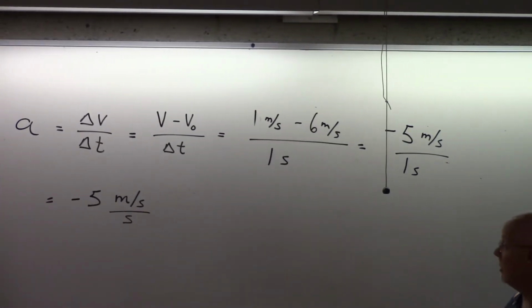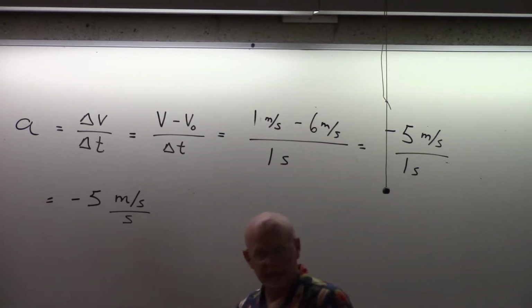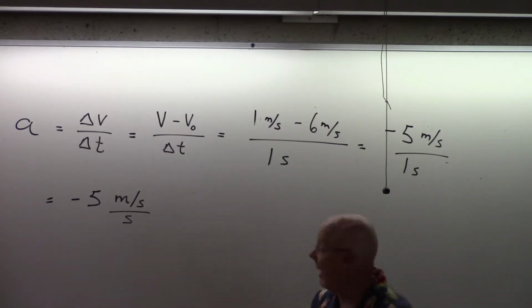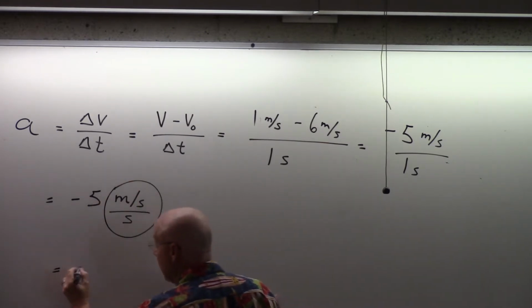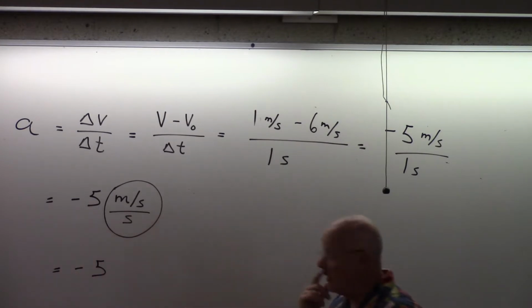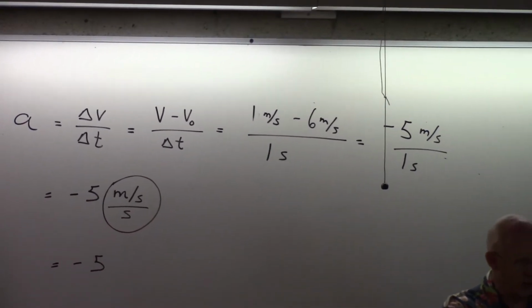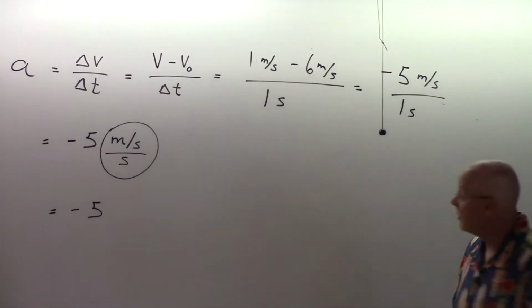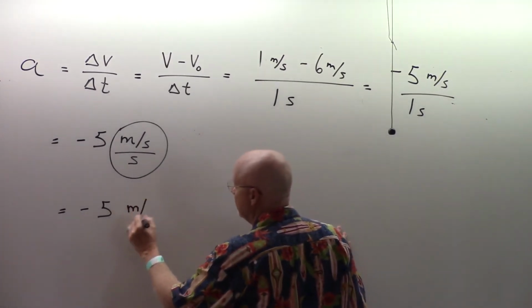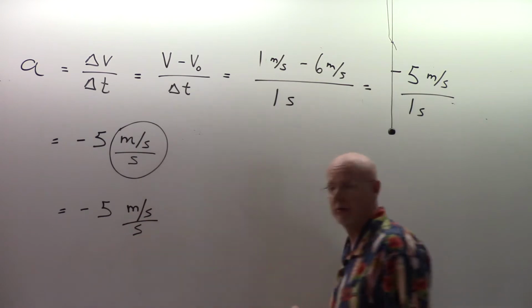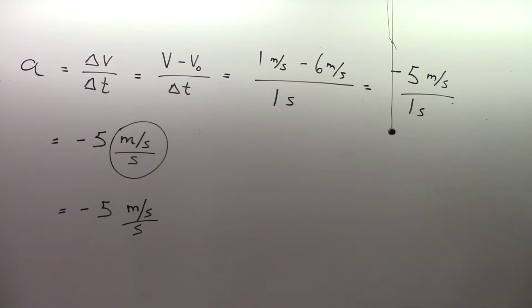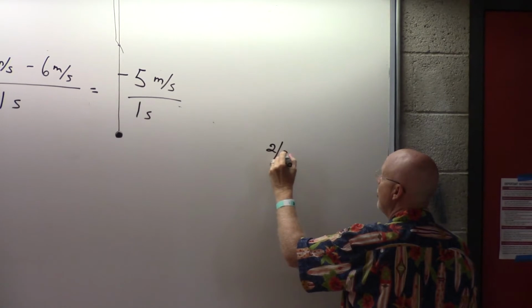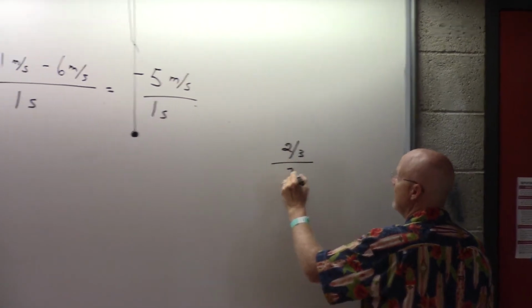Now there's 2 ways really to write this, but let me just point out here that what you heard me say yesterday, I'm going to keep saying. Do the same rules of mathematics for your units as you do your numbers. So you could leave this as meter per second each second. Or, like all compound fractions, let me come over here and remind you, what if I had, say, 2/3 over 7?